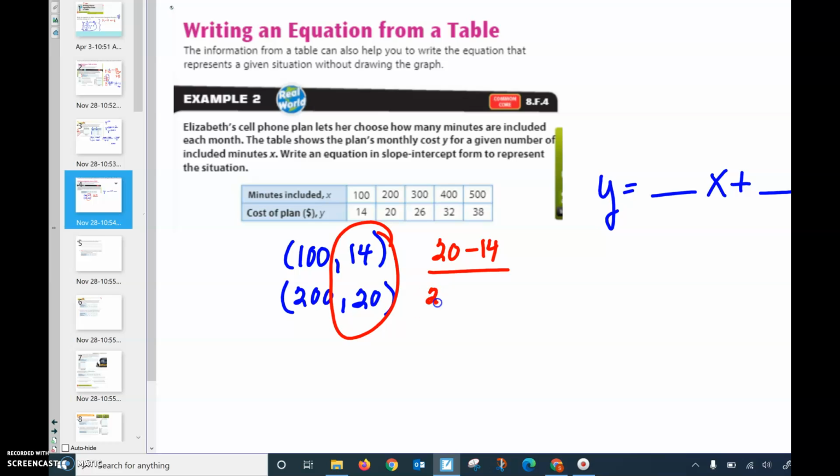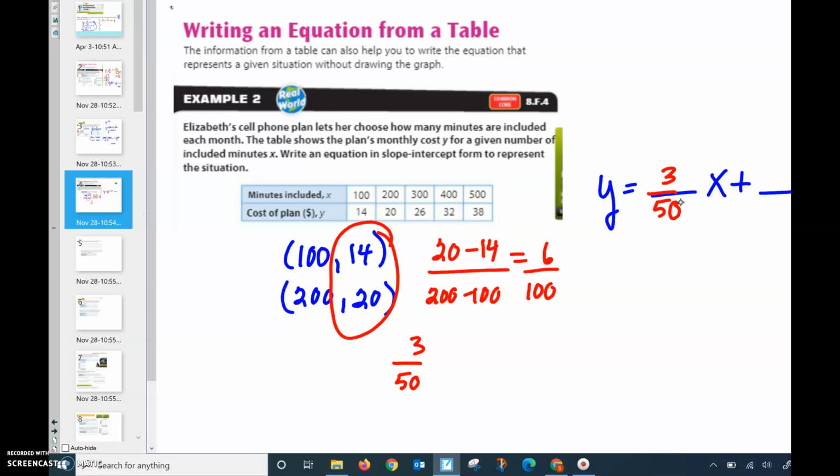So I have to do 200 minus 100. So 20 minus 14 is 6, and I have 100 on the bottom. Now if I divide that by 2, I'm going to get 3 over 50. So I'm going to use my slope here. That's what I just found out, is I have 3 over 50.